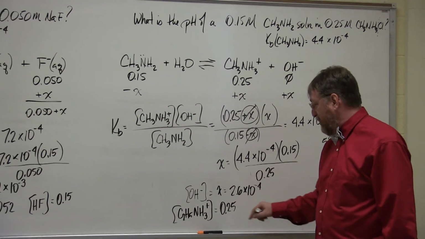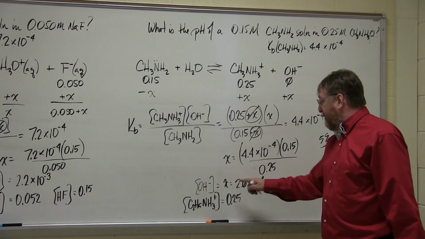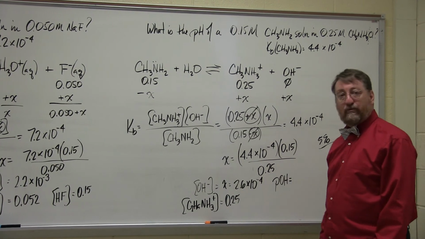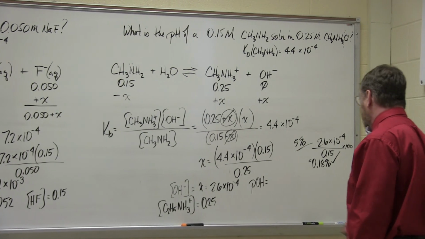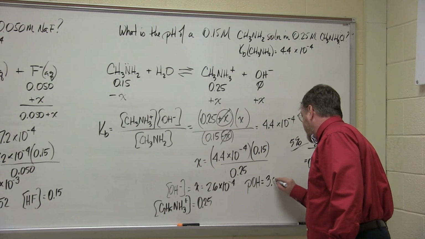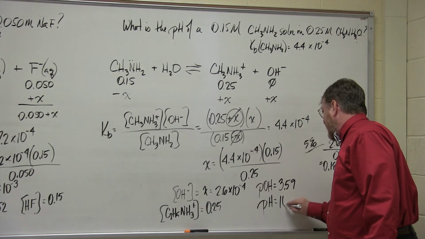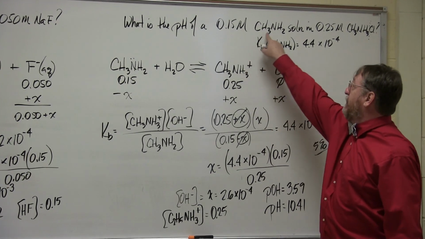This is too small to change 0.25. So it equals 0.25. Well, if I have a hydroxide, I can calculate the pOH of the solution. So I'm going to take negative log of 2.6 times 10 to the minus 4. I will get 3.59. So my pH equals 10.41.